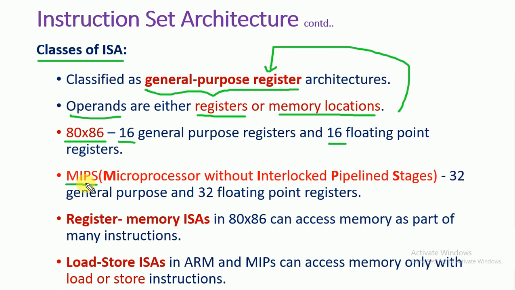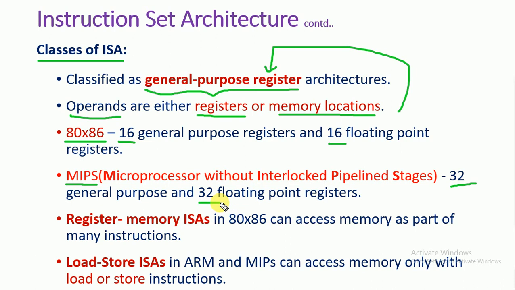In the previous graph where we were discussing the growth in performance, you can see Mips architecture in the earlier stages of the 80s. It is a special category of processors like 80x86. The property of Mips is that it uses 32 general purpose registers and 32 floating point registers. So it uses a small number of registers for both general purpose as well as floating point operations.